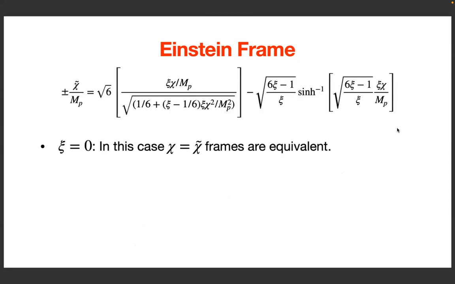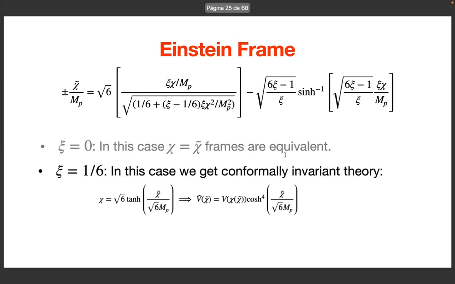For example, to analyze this relation: if I set c equal to 0, I recover that chi is equal to chi tilde. That means the frames are equivalent when I go to the minimally coupled case. If I choose c equal to 1/6, I get what is called a conformally invariant theory, I have this relation, and the potential transforms like this.